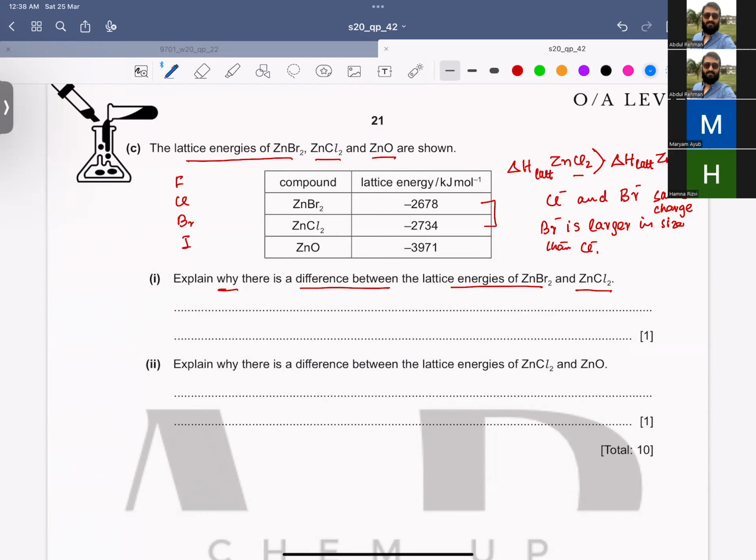So you don't need to write everything. You just write one reason that bromide ion is bigger in size than chloride ion.